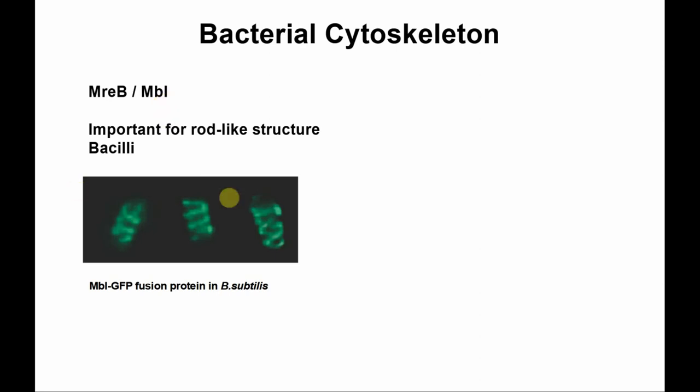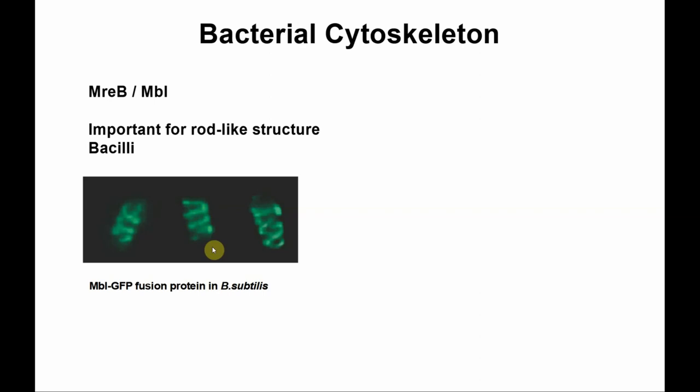So here you've got a fluorescence microscopy image of a fusion protein between MBL and the green fluorescent protein in Bacillus subtilis, which is a gram-positive rod. And you can see that the MBL protein forms a kind of helical filament inside the bacterial cell.